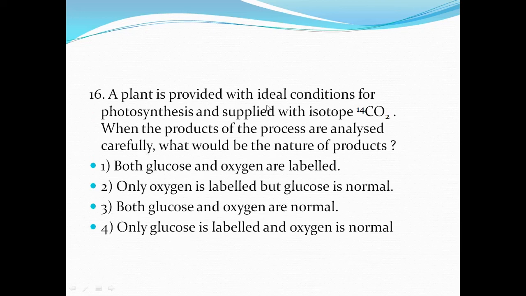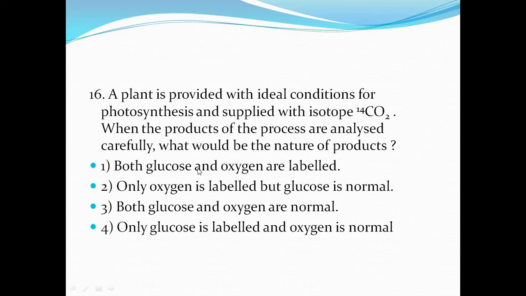A plant is provided with ideal conditions for photosynthesis and supplied with isotope 14 carbon dioxide. This carbon dioxide consists of 14 carbon. When the products of photosynthesis are analyzed carefully, what would be the nature of the products? Now here you should remember that only the products which contain carbon are labeled.